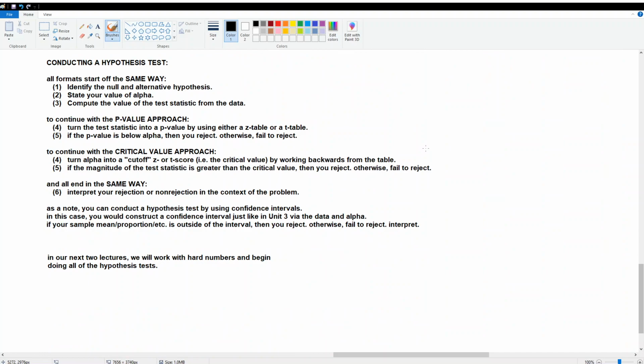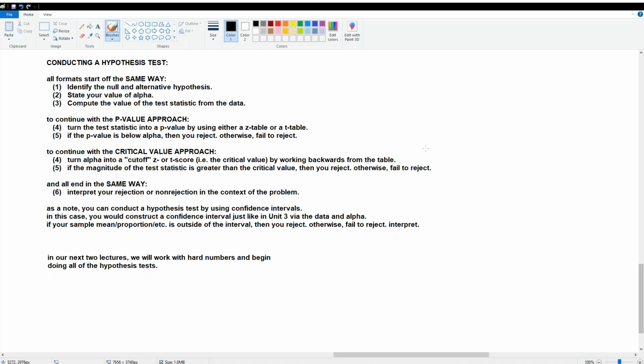Okay? So, the general formatting of a hypothesis test is this. We all start off the same way. We have to identify our hypotheses, and we got to state our value of alpha. And then we have to compute our test statistic. We'll compute those test statistics in the upcoming lectures. Now, if we're doing the p-value approach, we have to use one of our tables and convert this test statistic into a p-value. Then we compare the p to the alpha and decide whether or not to reject.